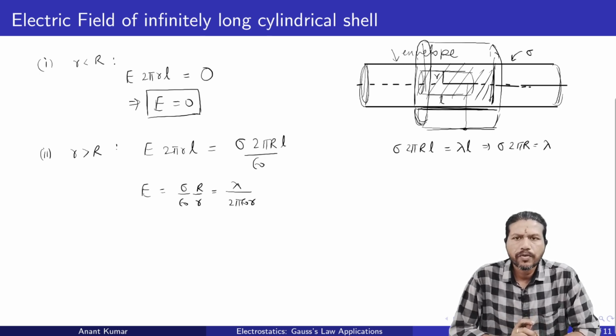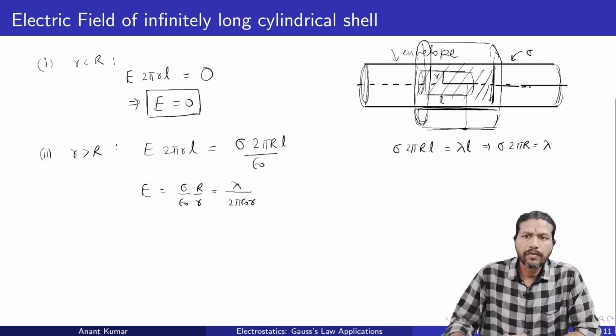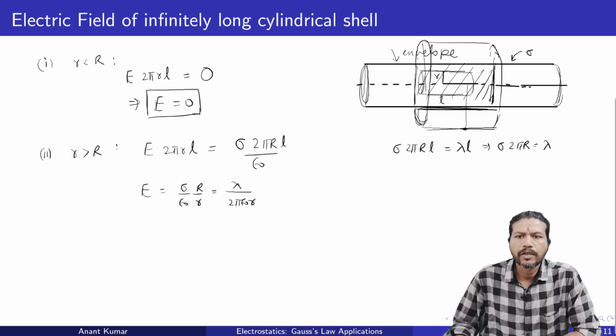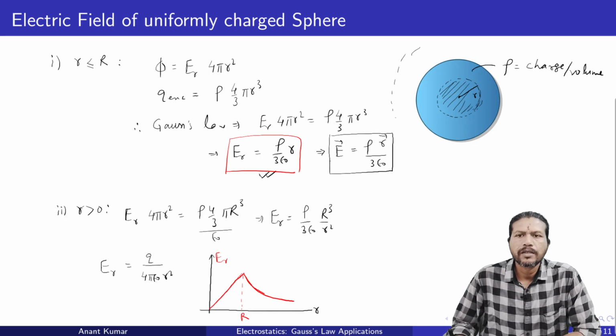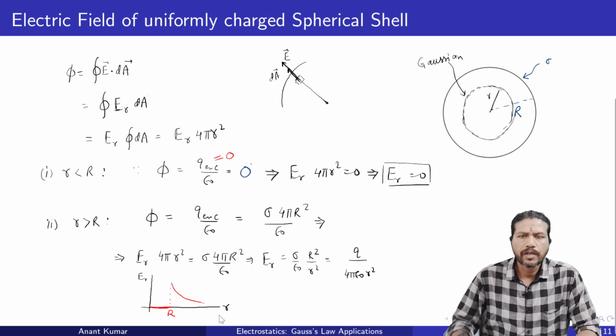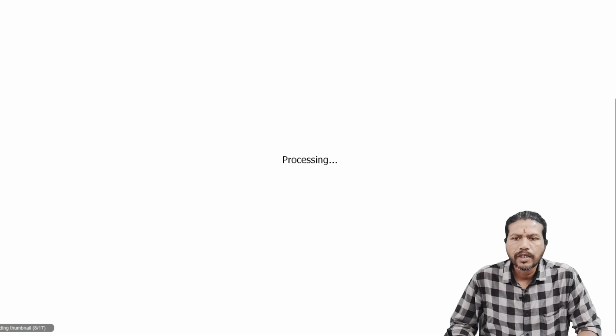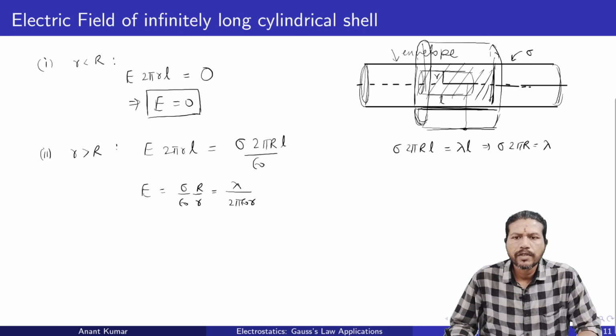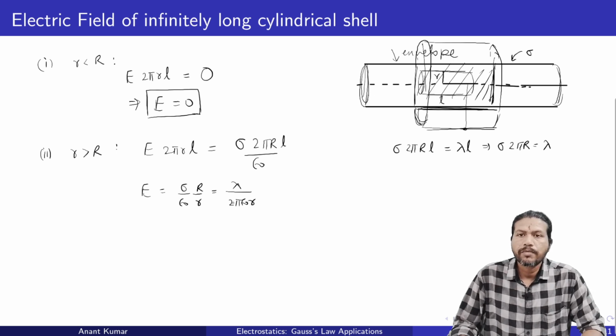One particular thing that you should notice over here, and we also saw that in the case of a uniformly charged shell, is that there was an abrupt change in the electric field as we go from inside to outside. This also happens in this case when we have this long cylindrical shell. Inside the electric field is 0.